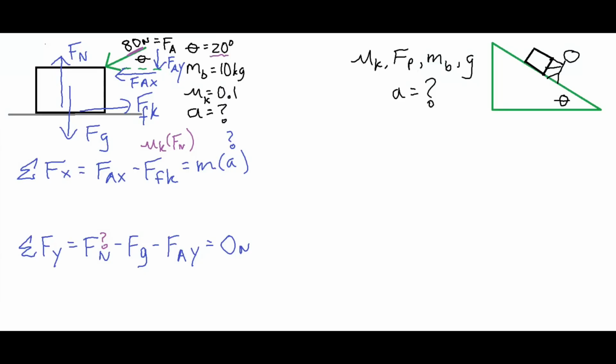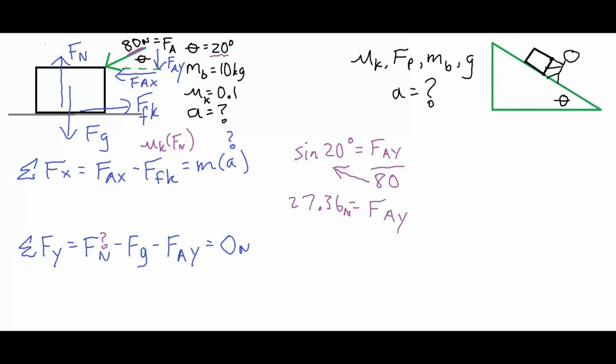So if I want the vertical component, I'm going to use sine because it's opposite of my theta. So sine of 20 degrees equals the opposite side, the FAY, over the hypotenuse, where the hypotenuse is 80. Okay, so I'm basically going to multiply 80 on both sides. 80 times sine of 20 is going to give me my FAY, which is 27.36 newtons if I round it to the hundredths place.